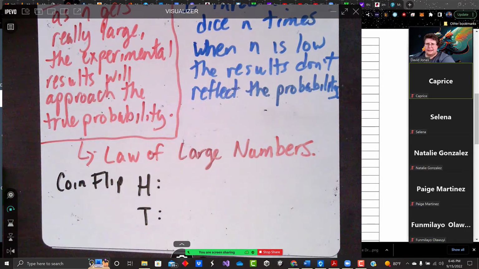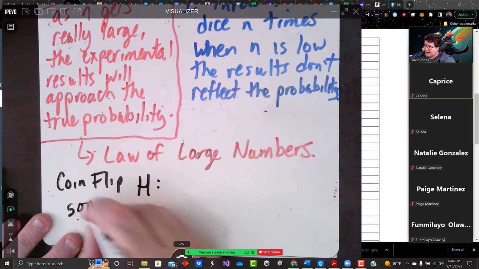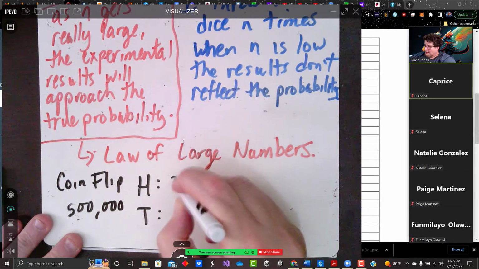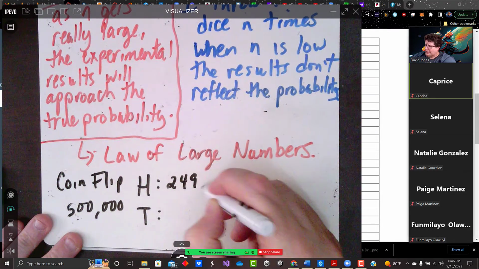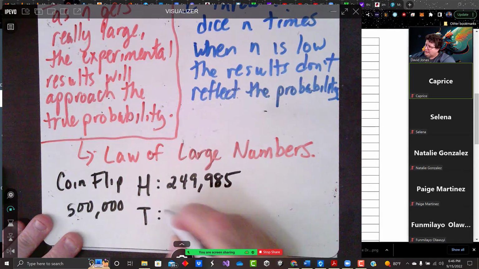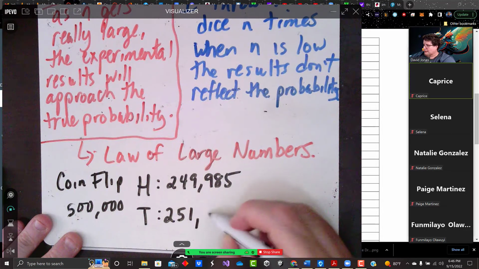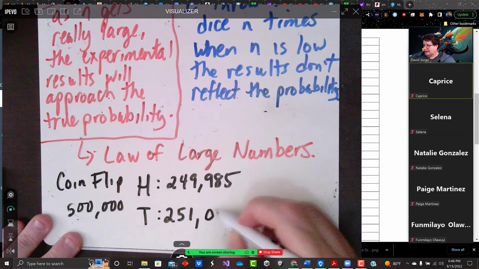And I have done it 500,000 times. This is unrealistic, but I've done it 500,000 times. And I have 249,985 for heads, and for tails I have 251,15.